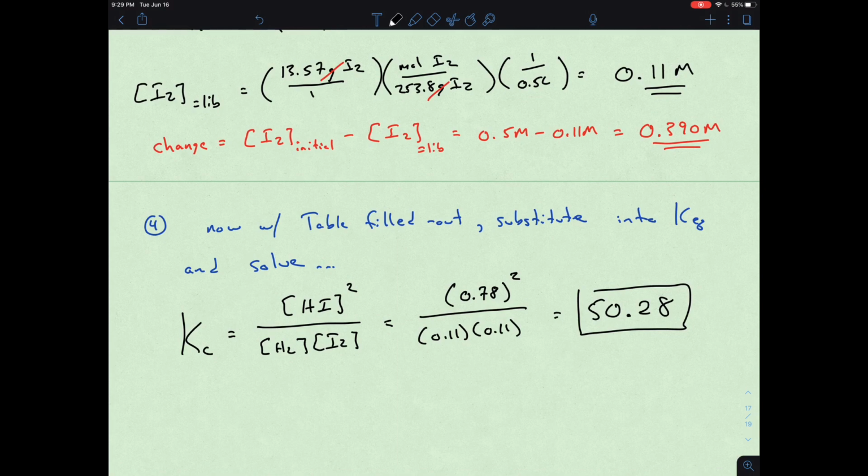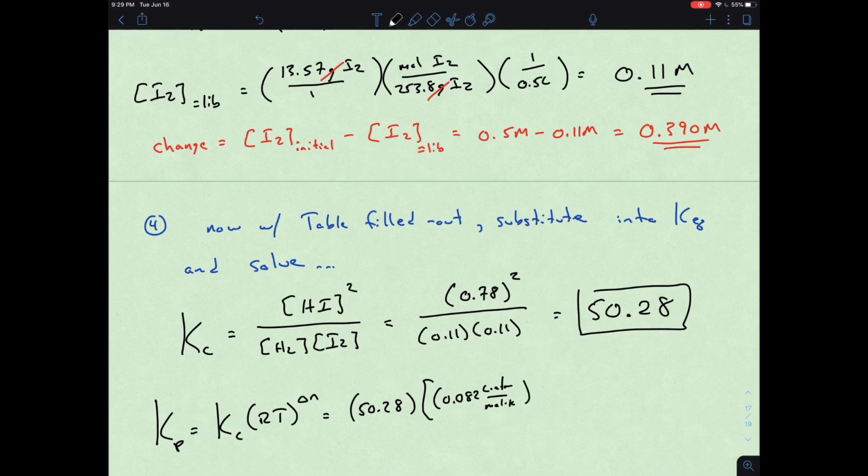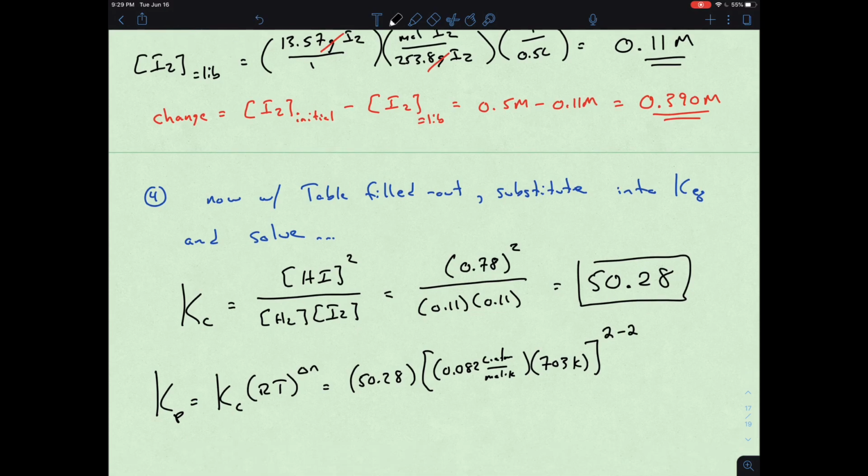We can then now calculate our K sub P, which would be the 50.28 times our R value times our temperature, which is 703 Kelvin, times our delta N raised to that power, and we had 2 moles of product gas and 2 moles of starting material gas.